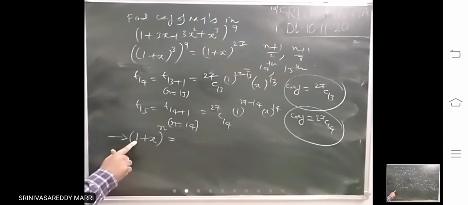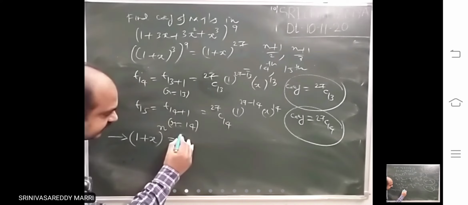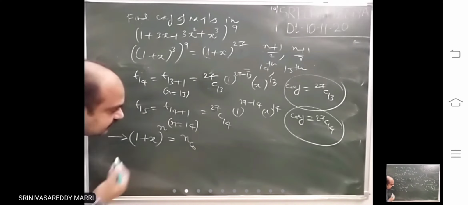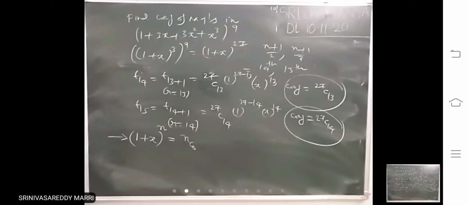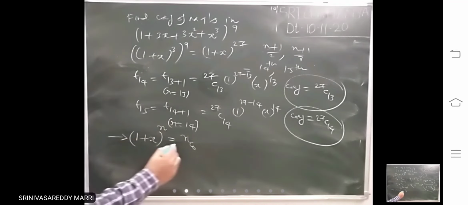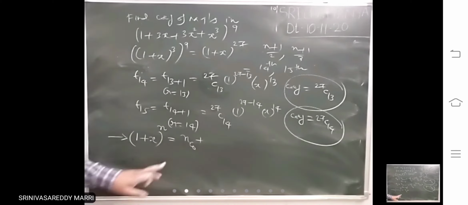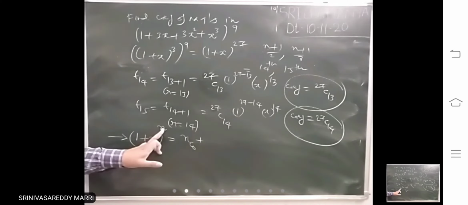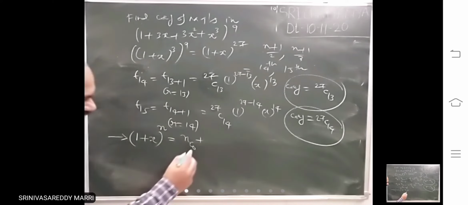What you will get in the expansion is nC0 into 1 to the power n into x to the power 0. That means only nC0 will be there, 1 to the power n means 1, x to the power 0, nC0 is the first one.